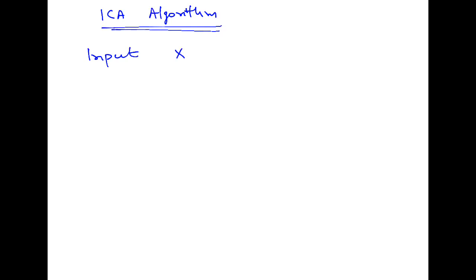Okay, so what is the algorithm for ICA? Input: x_i(t) for i in 1 to n and t in 1 to T, that's my signal.